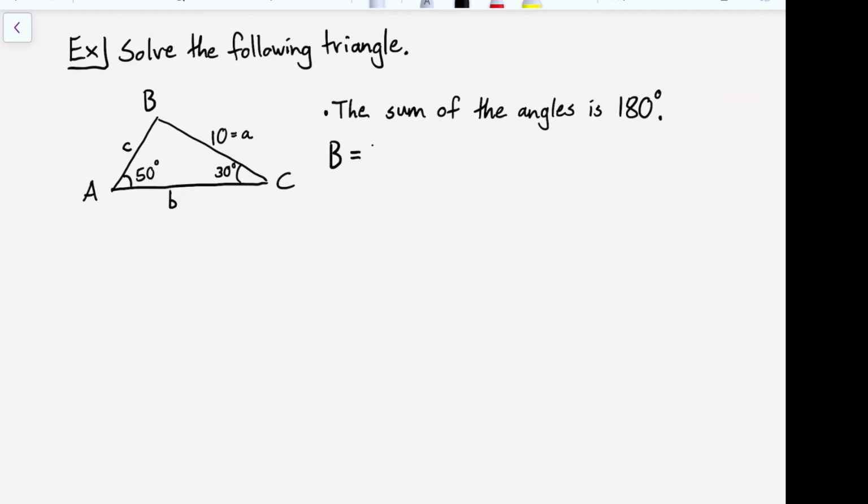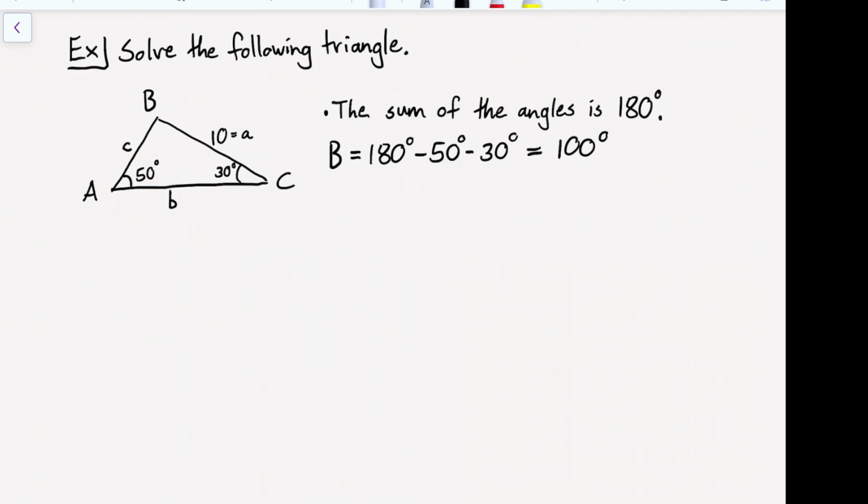So we can say that B equals 180 degrees minus the measure of the other two angles, minus 50 degrees, minus 30 degrees. So the result, B equals 100 degrees. So we've solved for our three angles, and now let's find the missing side lengths, little c and little b.